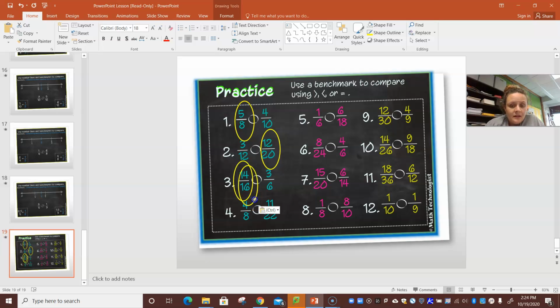Okay? 4/8 or 11/22. I love this one. How many eighths would be a half? Well, 4/8 is a half, so that is a half. What's half of 22? 11, right? So these are both equivalent to a half, so we'd put the equal sign in the middle.